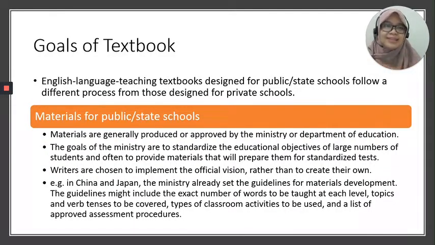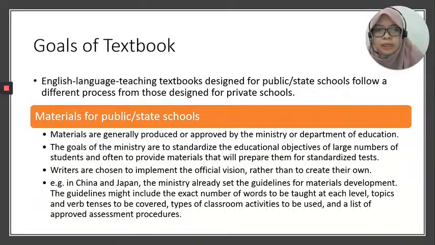For example, for junior high schools, you cannot put more than 200 words in each text. Things like that. So it's exactly the same; in Indonesia also we have this kind of guidelines from the ministry.